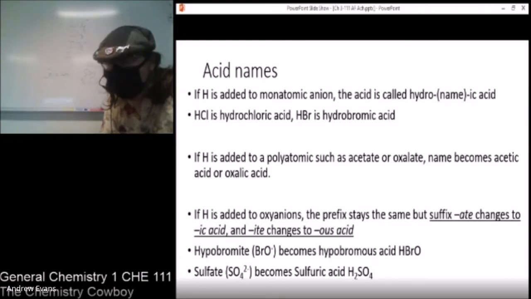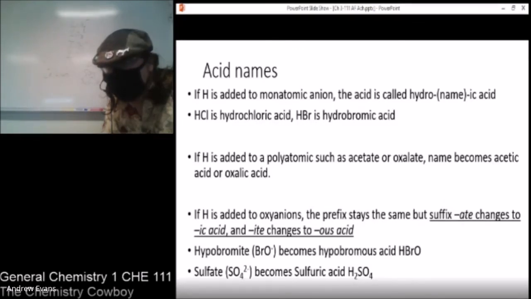Now, when we add the hydrogens to the polyatomic anions, it changes a little bit. If it's just an ATE ending, we just change it to an IC acid. Because of the oxyanion or the polyatomic nature, we don't have the hydro.